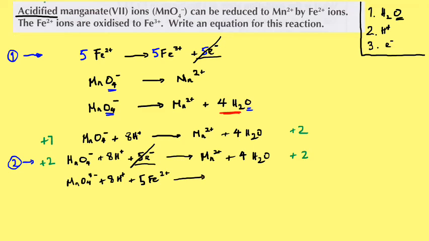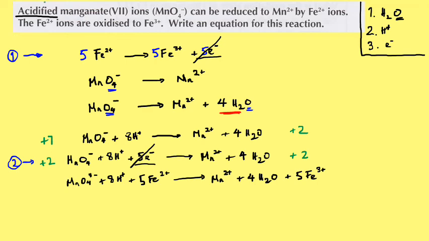Okay, and on the right hand side we have 1 manganese 2 plus, we've got our 4 water molecules, and we've got our 5 iron 3 plus ions. And that should be our balanced redox equation.